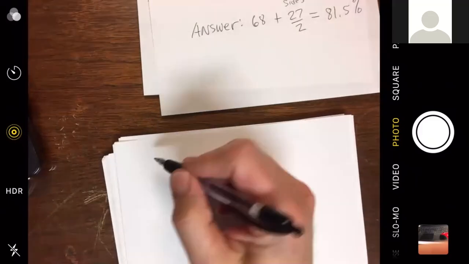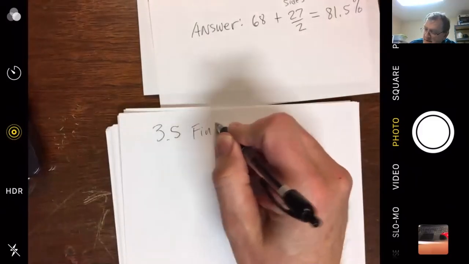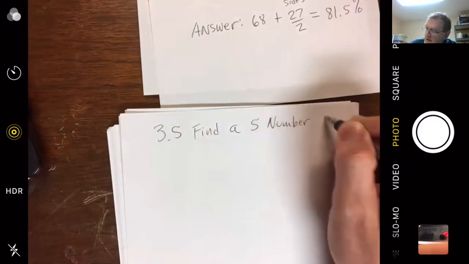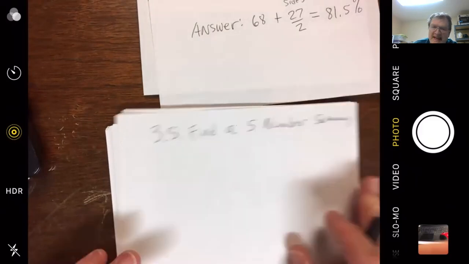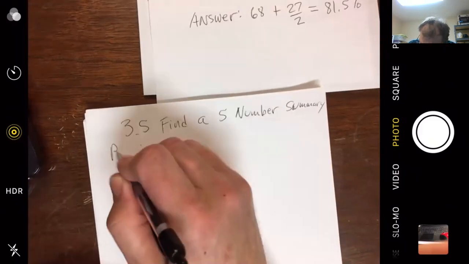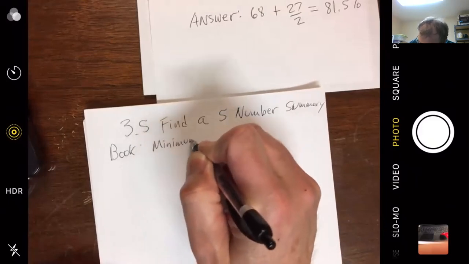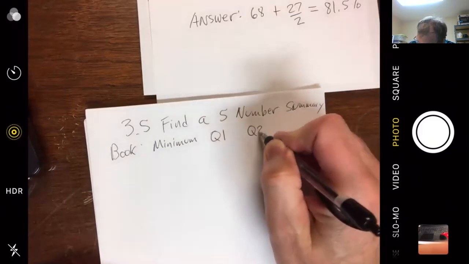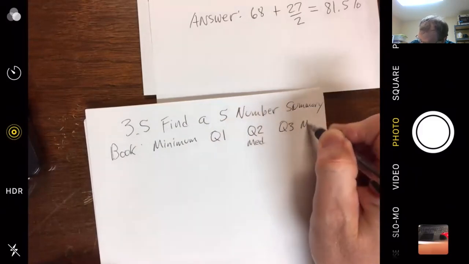Yes, please. All right. In 3.5, they had you find a 5-number summary. The book calls it minimum, first quartile Q1, Q2 that's your median, third quartile, and maximum.